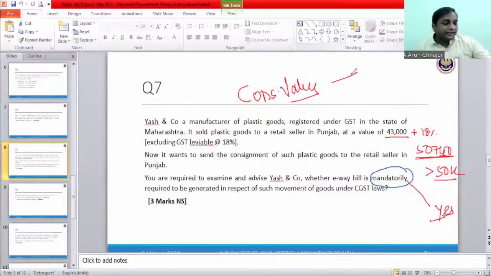Can anybody tell me which part would not be included in the calculation of the consignment value? From this example, it is clear that we need to include the GST. My question is, which value would not be included in the consignment value?